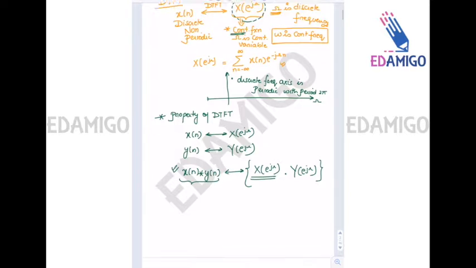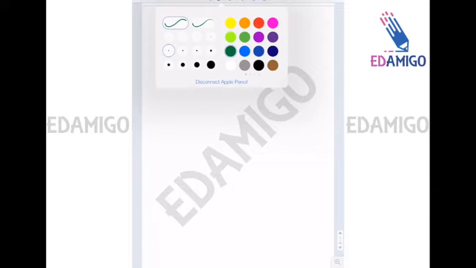So let's start now with DFT, the topic of the lecture series, the discrete Fourier transform.